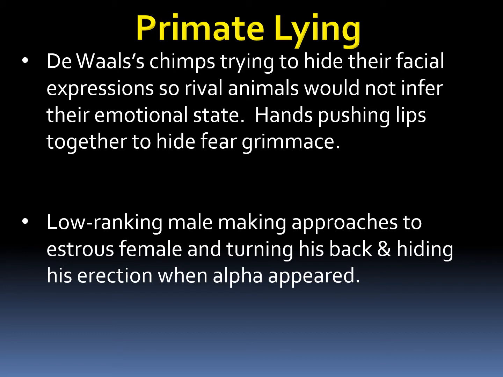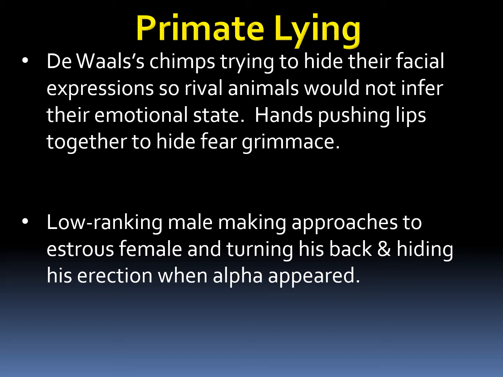Primates are also very good at lying. There's a famous primatologist named de Waal, and he studied a group of chimps and noticed that those chimps try to hide their facial expressions so rival animals will not infer their emotional state, particularly when they show this facial expression of fear. So they'll take their hands and push their lips together to hide that fear grimace.